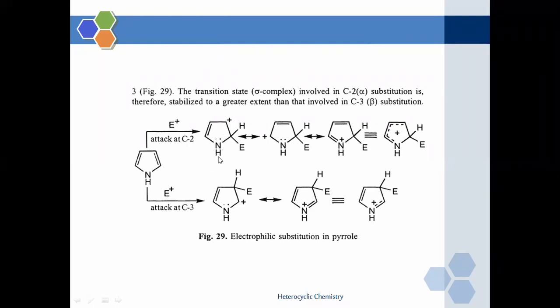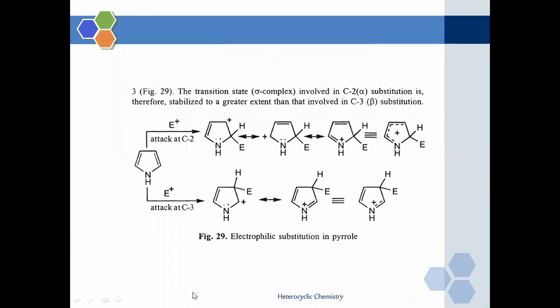Still, if we substitute in place of this hydrogen atom any substituent group which is bulkier in nature, strongly electron withdrawing or electron releasing, then due to the presence of this bulkier functional group at the first position, it will not allow the substitution to happen at carbon number 2 position, due to the bulky nature of this functional group. In that case, instead of the 2nd position, the substitution happens at the 3rd position of the pyrrole ring molecule.